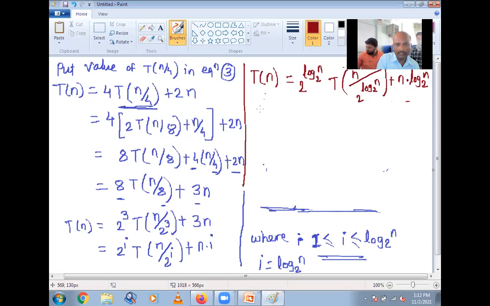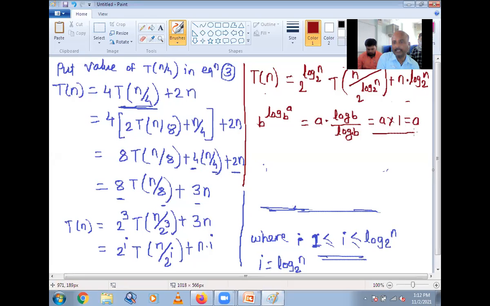We know the formula a raised to log of b base a, that is, we can write log b upon log a into log a, which is equal to b.